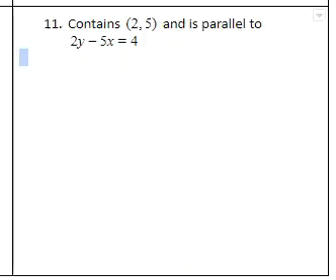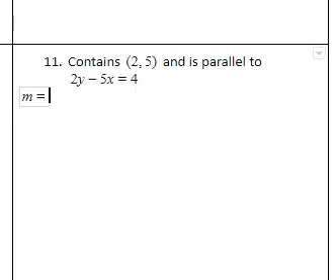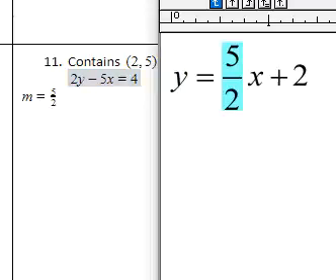Now I know that the m value, the slope, is 5 halves because I solved that equation for y. I don't need this equation anymore. Its sole purpose was to give me the slope of this line, 5 halves.